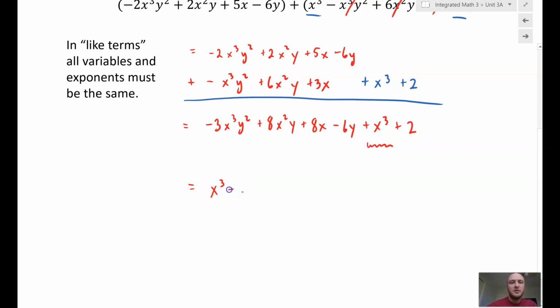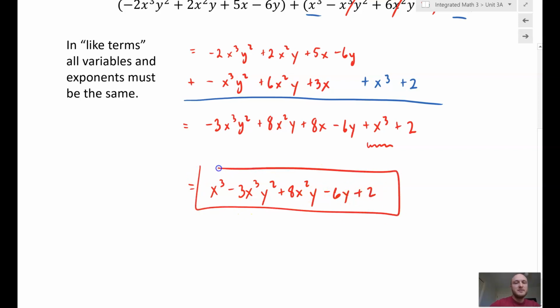So x cubed minus 3x cubed y squared plus 8x squared y minus 6y plus 2. And there is your answer. Okay, and again, any x's that are just by themselves, they go ahead of the x's with the y's. So this is standard form.